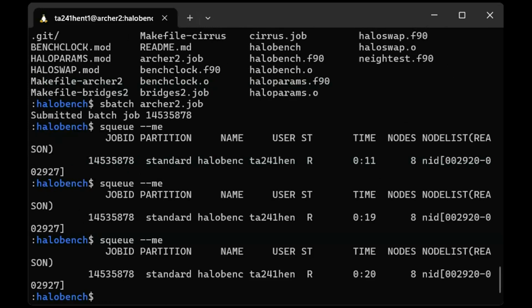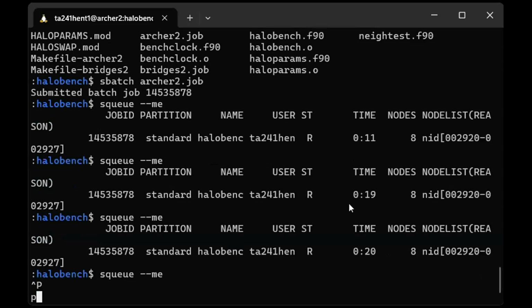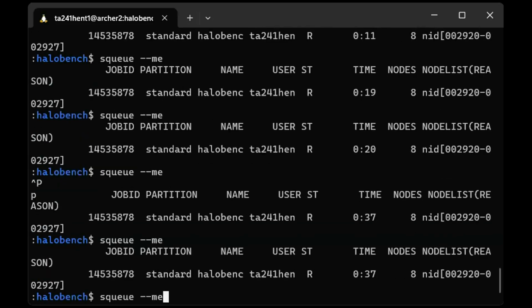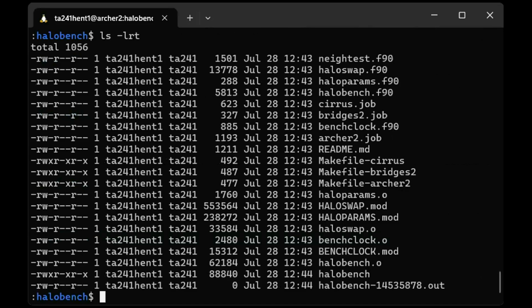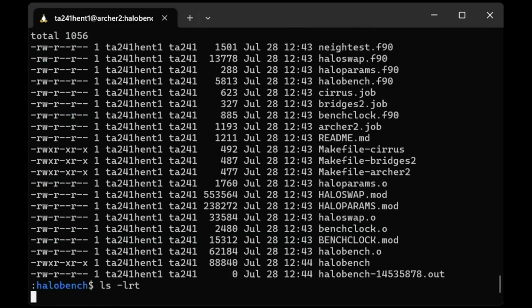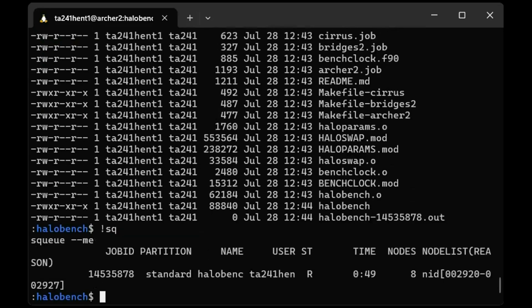The code doesn't take that long to run, but the issue on ARCHER2 is that MPI jobs are taking about 20 to 30 seconds to start up on nodes. It's still running.